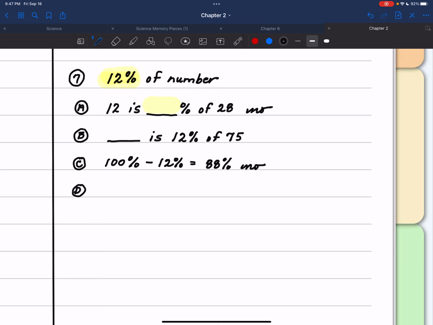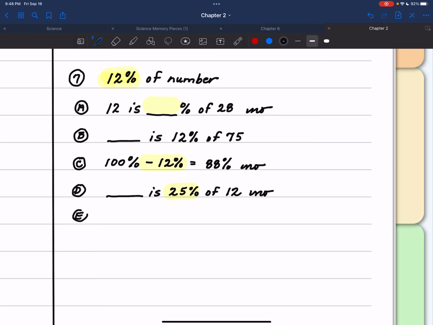There are 12 movies showing at the theater, and 25% of them are action movies. How many of the movies are action movies? Let me write it as a problem. Blank is 25% of 12. This is not it because the percent is wrong.